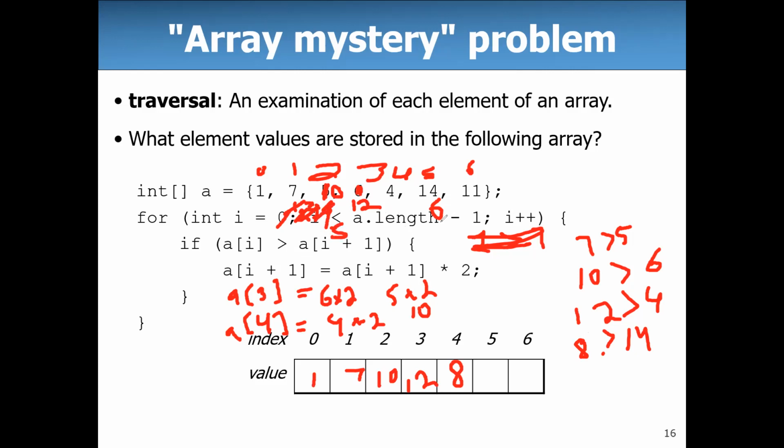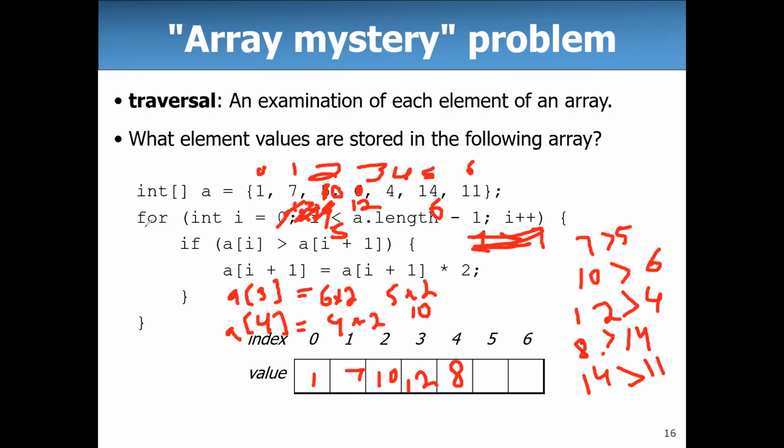Is 5 less than 6? Yes, you go inside. What is a of i? i is 5, and at index 5 we have 14. Is 14 greater than a of i plus 1? 5 plus 1 is 6, a of 6 is 11. Is 14 greater than 11?